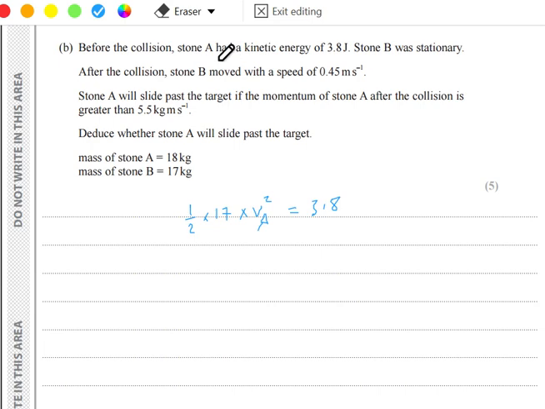This is the kinetic energy of stone A. So we can find VA as... sorry, this is 18. We can now apply the conservation law of momentum.